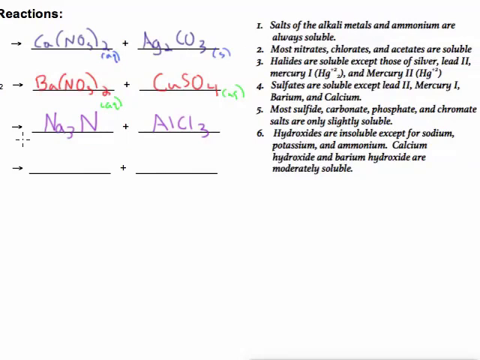Sodium is an alkali metal, and the very first thing says that salts of alkali metals are always soluble. So this is aqueous. We have aluminum and we have chlorine. Chlorine is a halide, which you may remember having seen. Halides are soluble, except those with silver, lead 2, mercury 1, or mercury 2, which is none of these. So this is also soluble, which means that reaction 3 also does not happen.